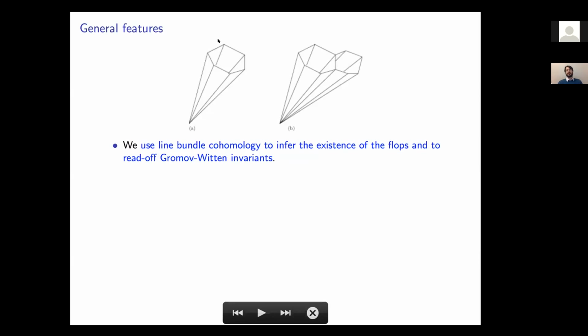This is a schematic drawing of the Kähler cone of a manifold. And what is known is that if the manifold admits flops, then neighboring the Kähler cone of X, there are other Kähler cones of the flopped manifolds, of the manifolds obtained by flop transitions from X.